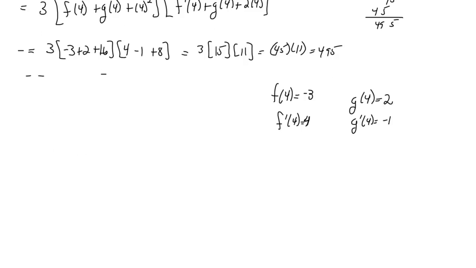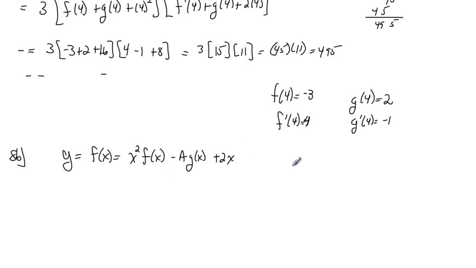So let's go ahead and look at this question. So we have part B. So we're going to have y, also known as f of x, which will be x squared times f of x minus a times g of x plus 2x, where a is a parameter.